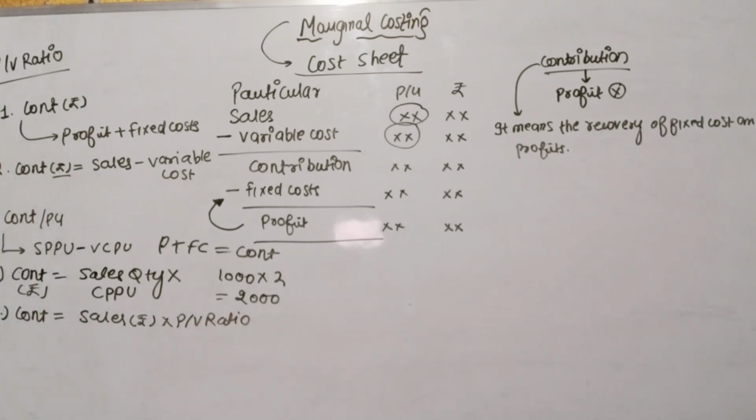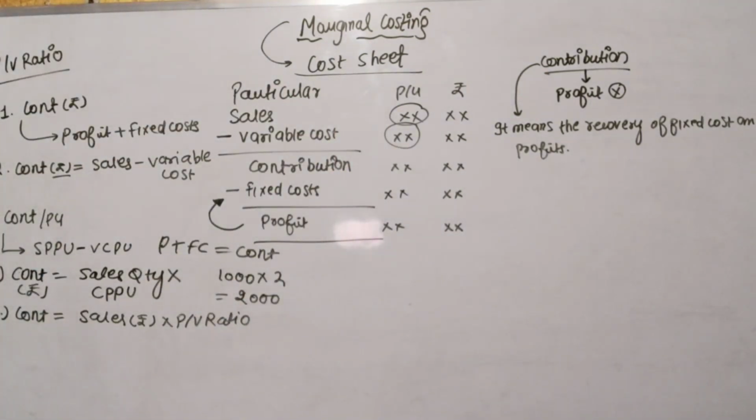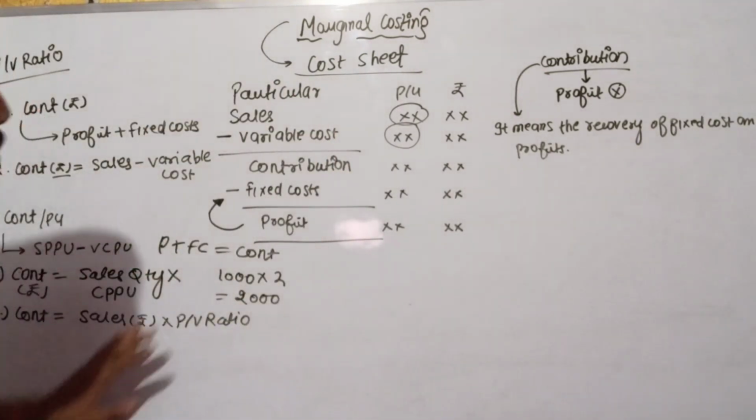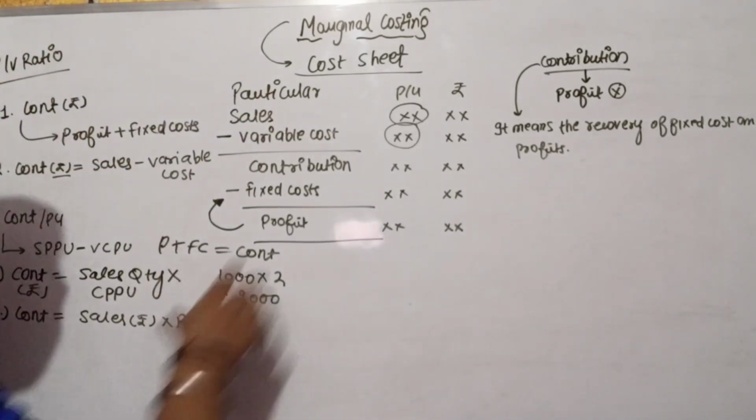Now let us understand what we mean by PV ratio. I think you have understood the logic behind contribution. All the formulas are generated from this cost statement only, or I must say cost sheet. Each and every formula of marginal costing has been generated from this cost sheet only.